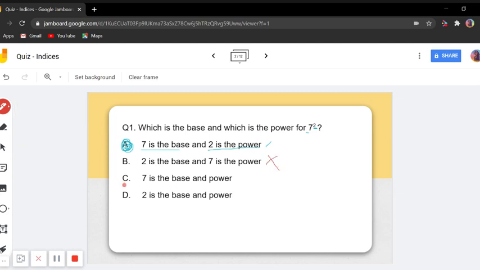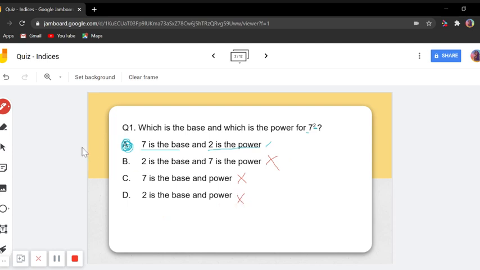How about option C? 7 is the base and power. Yes, 7 is the base, but 7 is not the power. So this is incorrect. D: 2 is the base and power. 2 is not the base, but 2 is the power. Alright, this is also incorrect.